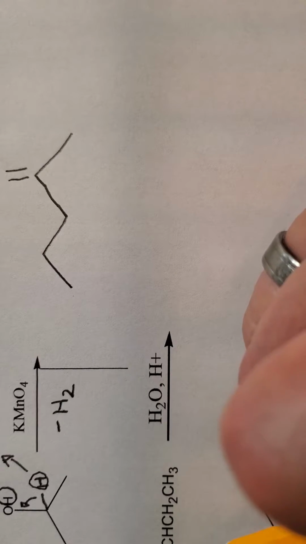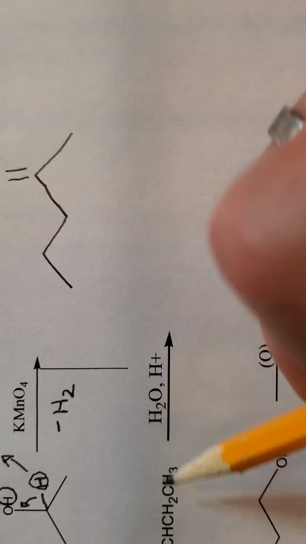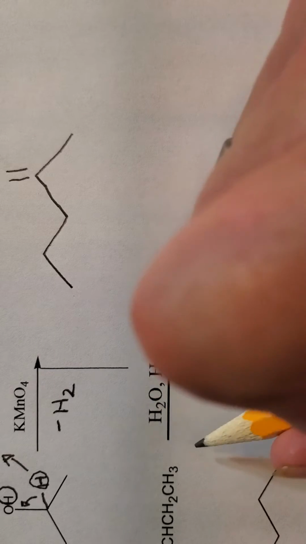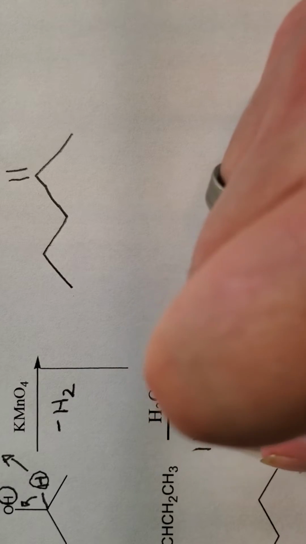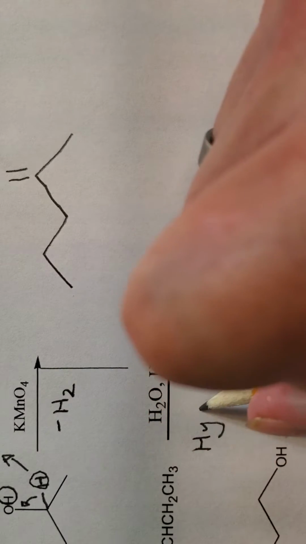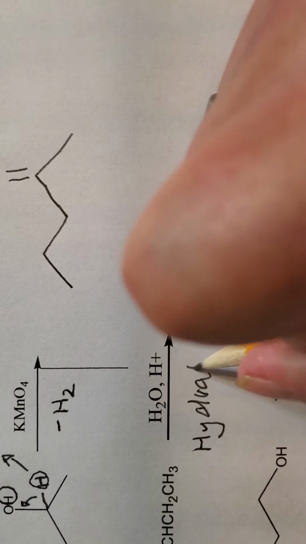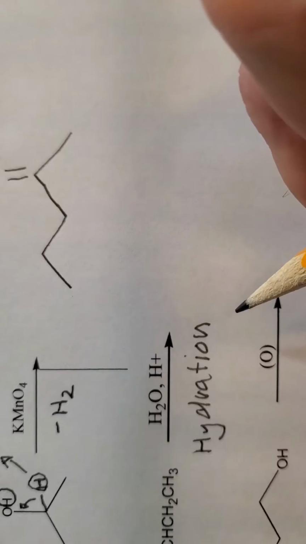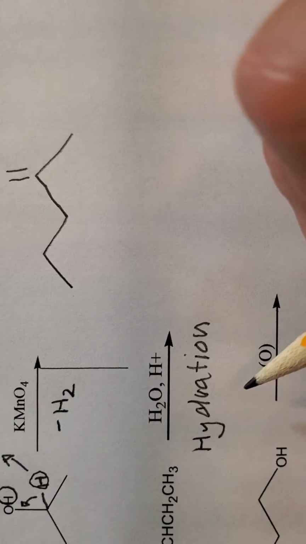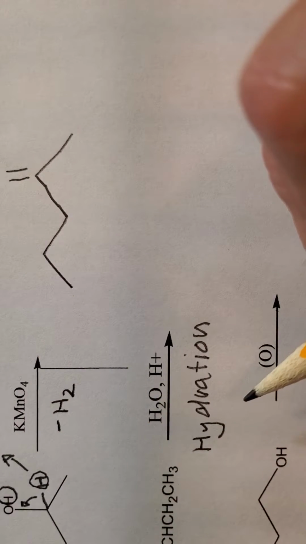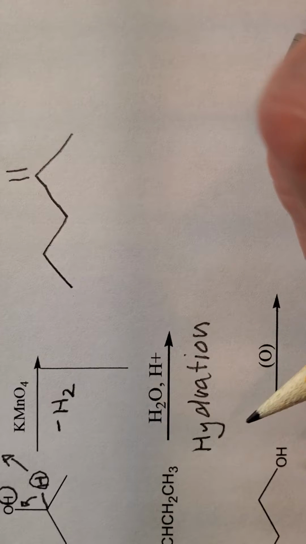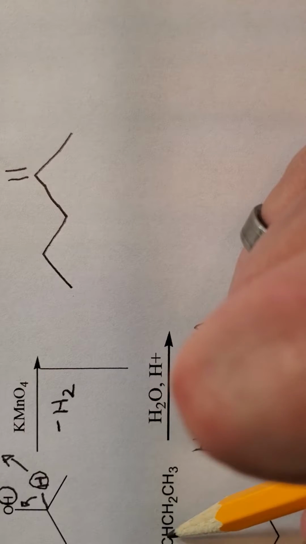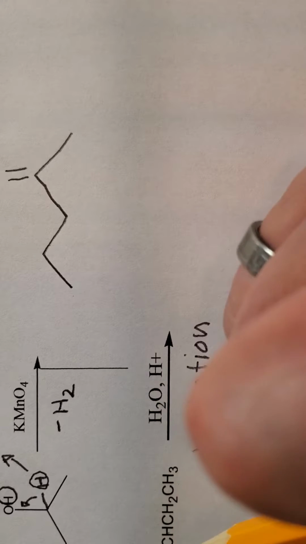Here we have an alkene, and we're going to add water across this double bond, so that's a hydration reaction. And the OH gets attached to the carbon with the least number of hydrogens. So this has 1, that has 2.